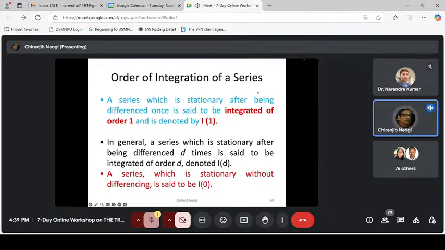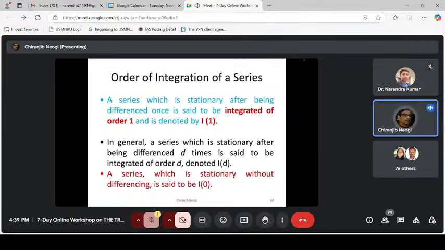That is called I(1). In such a way, if the series becomes stationary after the dth differencing, then the order of integration is d, denoted by I(d).